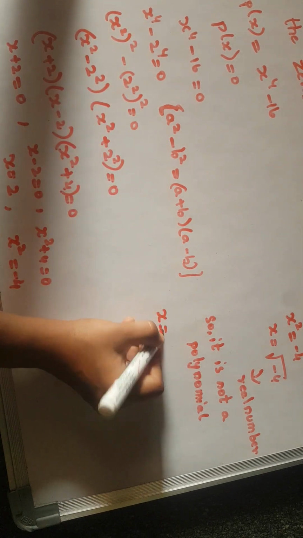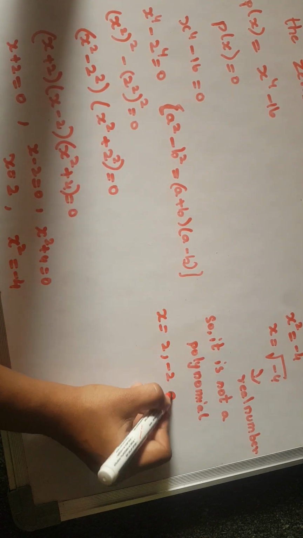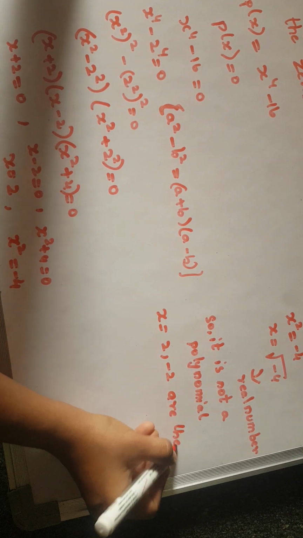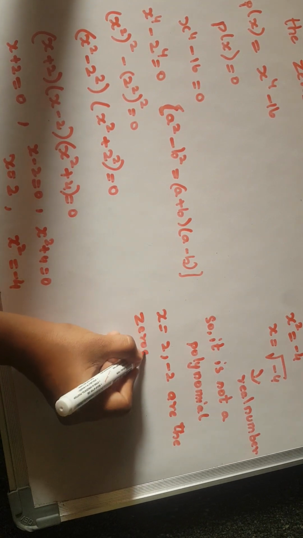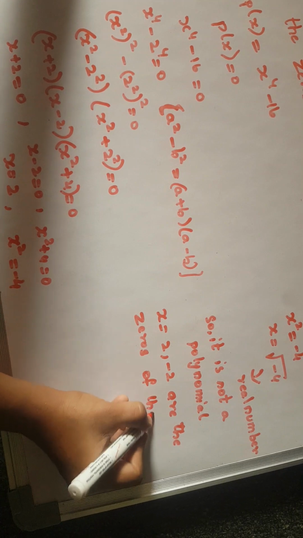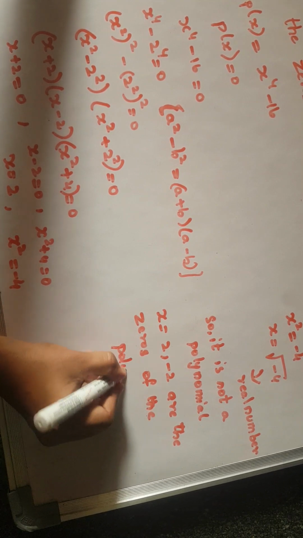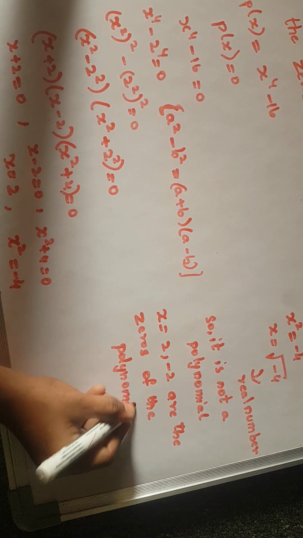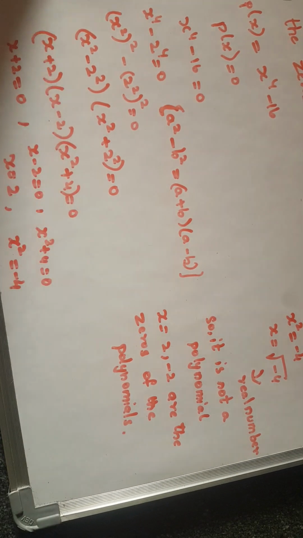But x equals 2 and minus 2 are the zeros of the polynomial, so this completes the problem.